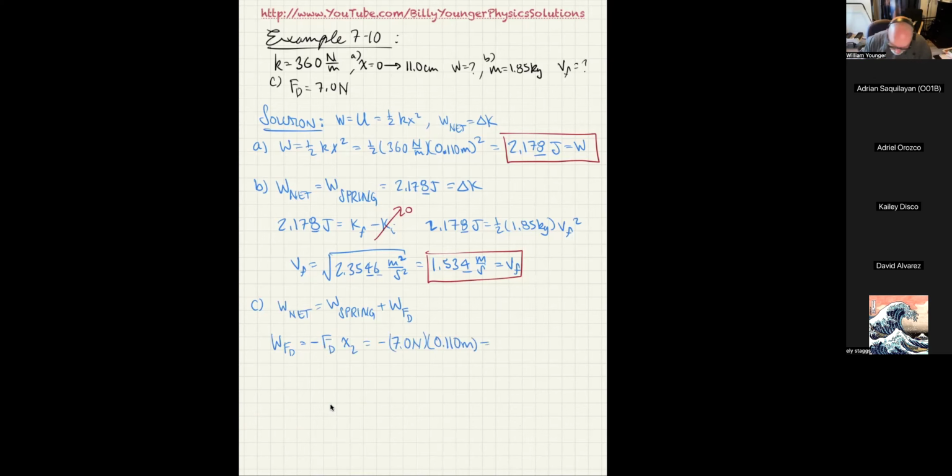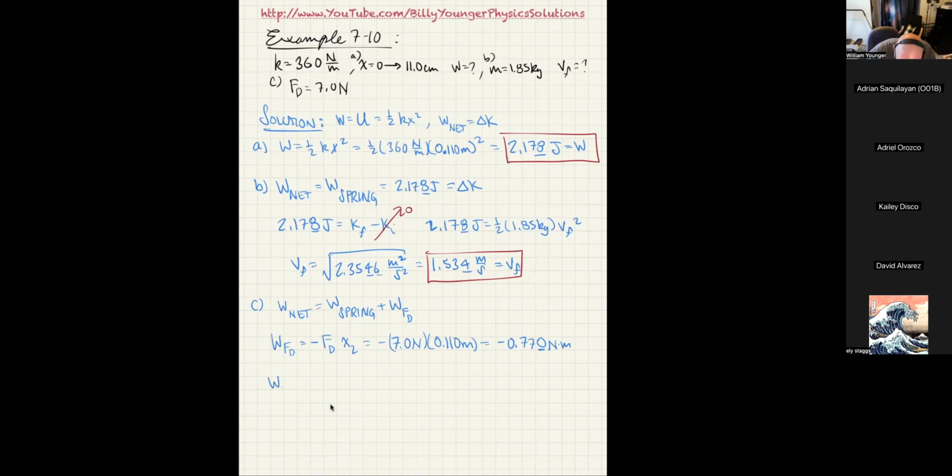So 7 times 0.110 is obviously negative 0.770 newton meters, which of course is a joule. But now, because we multiply by 7.0 newtons, we only have 2 sig figs, so I have to underscore that 0. Now I've got the work done by FD, and I already know the work done by the spring.